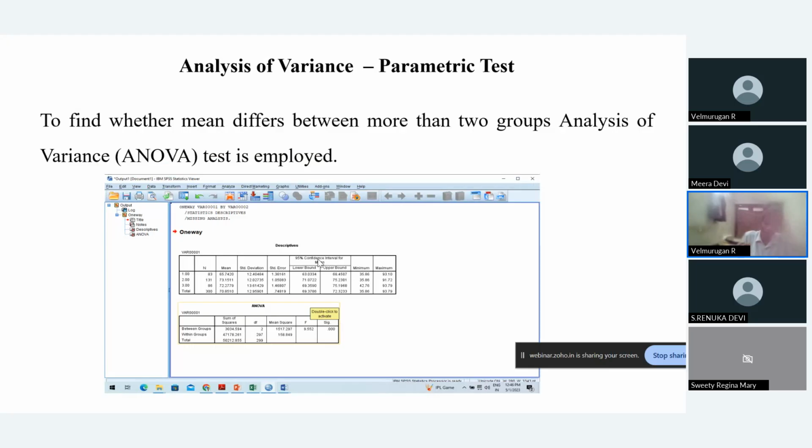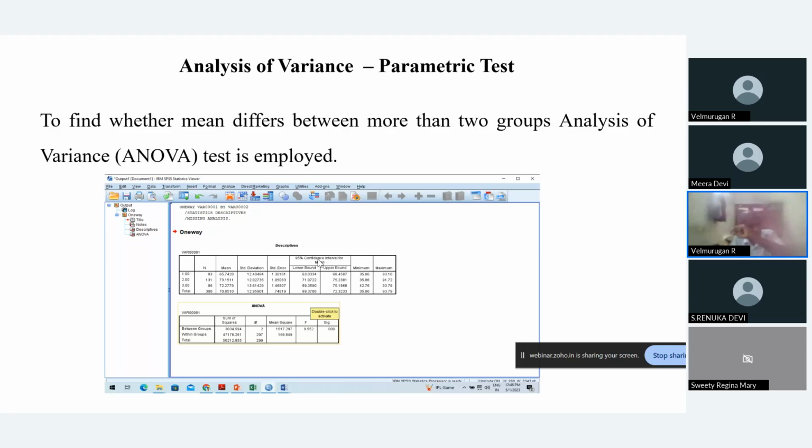More than two groups implies the groups may comprise 2, 3, 4, or 5. For example, if we want to measure whether knowledge differs based on area of residence, like urban, semi-urban, rural, we divide the entire population into more than two groups, namely urban, semi-urban, and rural.